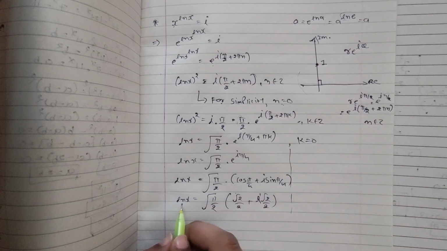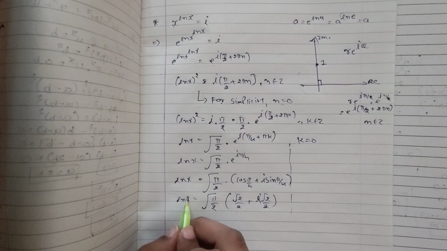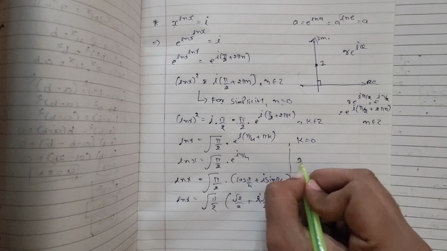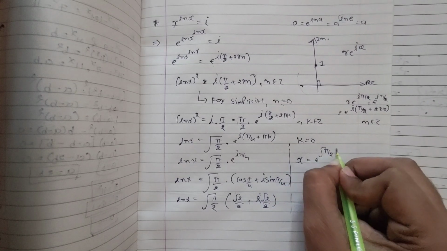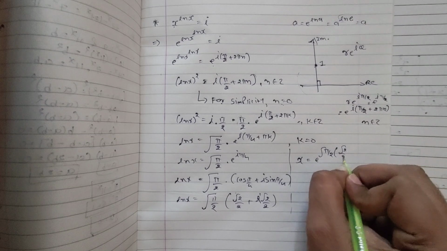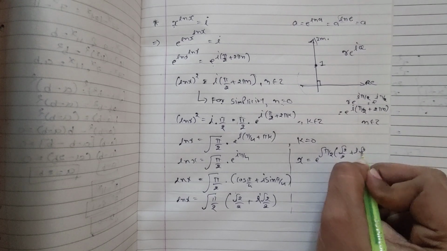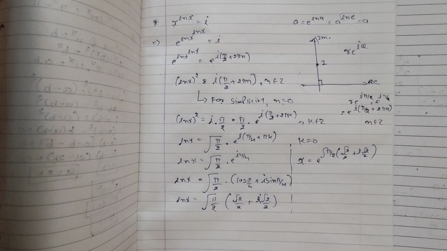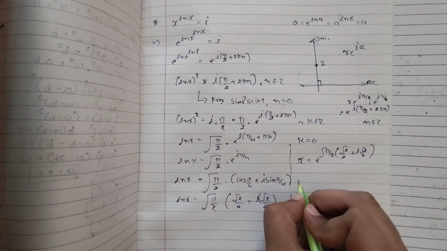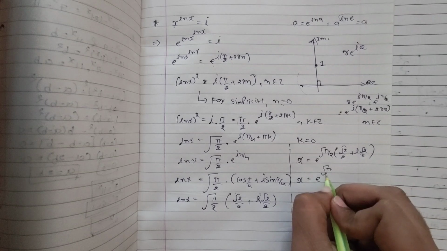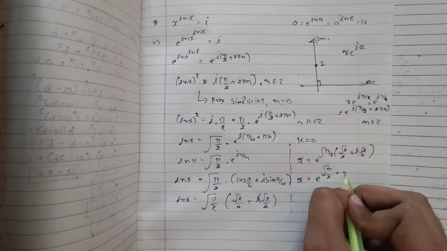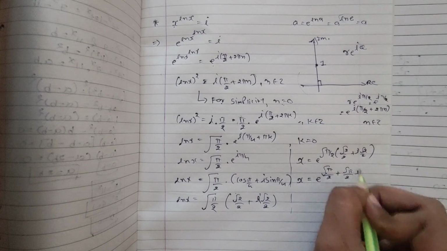So now what will be the value of x? Here I have ln x, right? If I want to find the value of x, then I will have to take exponents on both sides. So x equals e raised to root pi by 2 times root 2 by 2 plus iota root 2 by 2. Agree? Now what will be the value of x? e raised to root pi by 2 plus root pi by 2 iota, right?